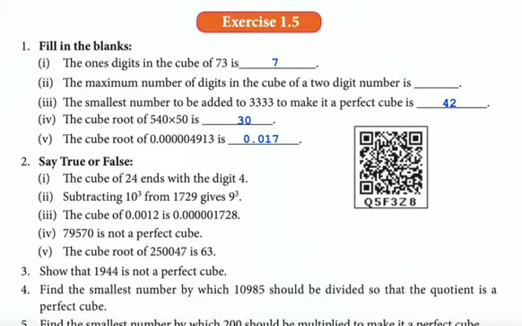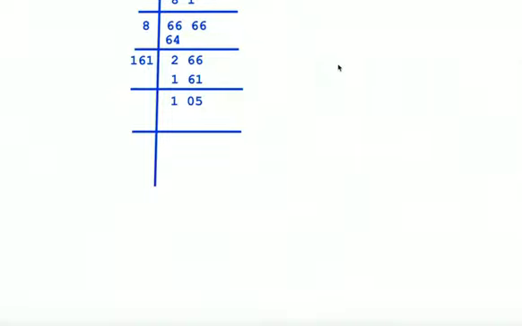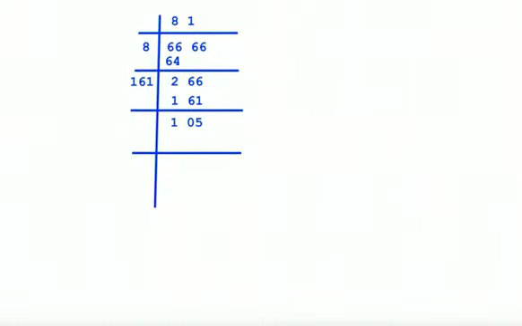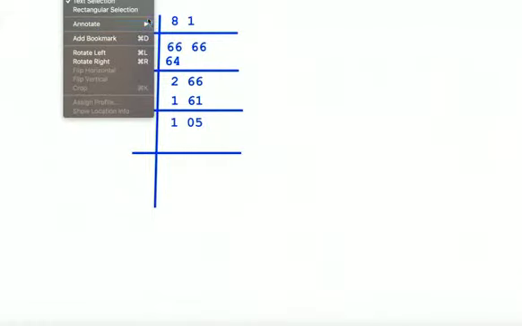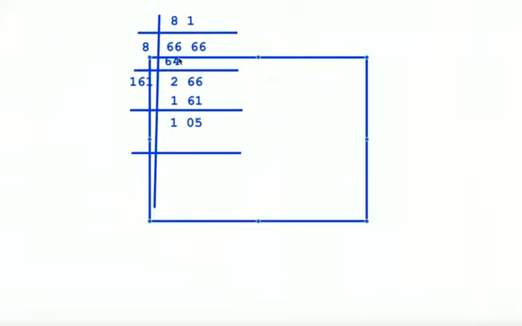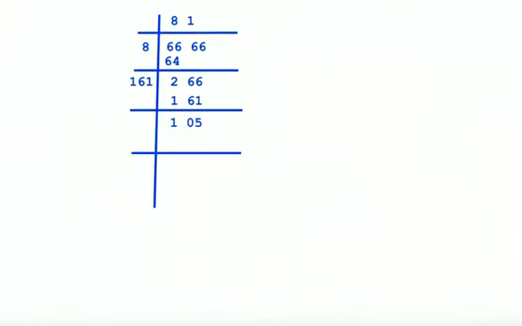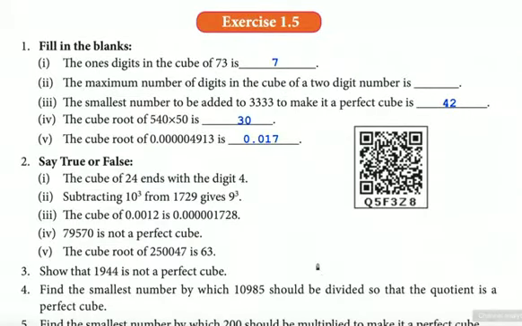Okay, in mathematics it will happen so many times. 79,570, right? This is the given number. Okay, let us cross check it once again. Yes, that is correct. 79,570.